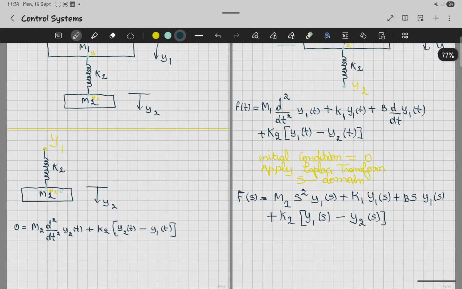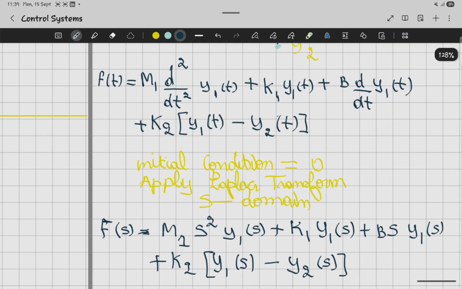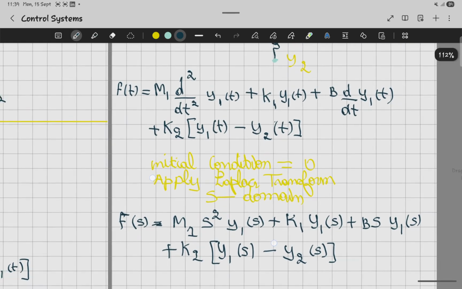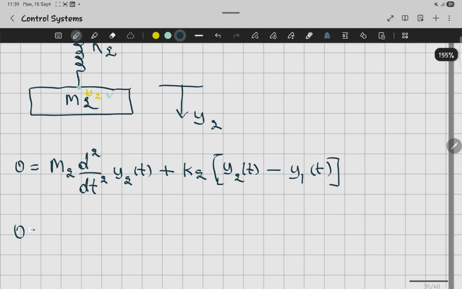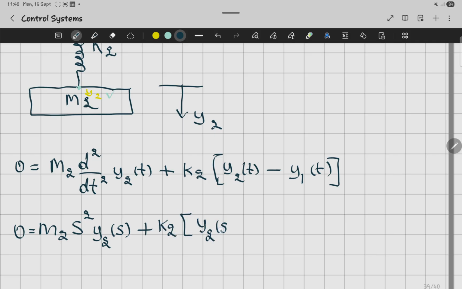Okay, let's take now the Laplace transform on this other equation. So we're gonna get 0 equal to M2 S square Y2 of S, assuming the initial condition equal to 0, plus K2 times Y2 of S minus Y1 of S. So this is what you get after applying, in S domain.